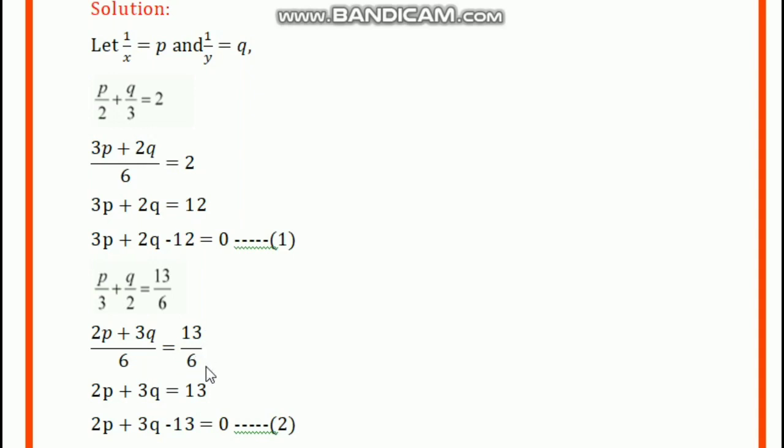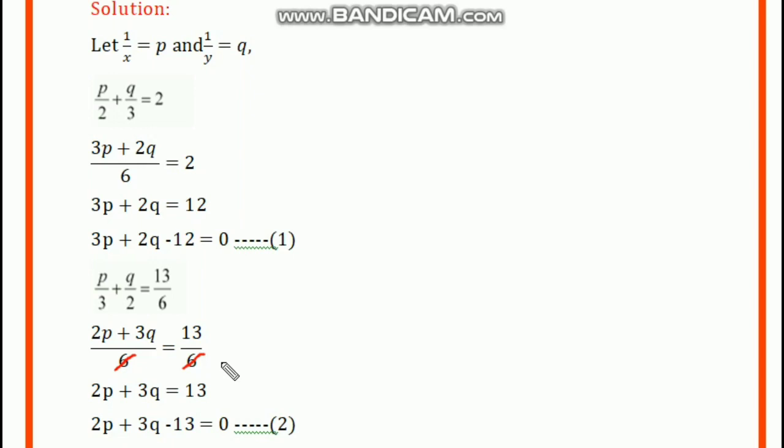Here also you can do cross multiplication, or else you can simplify these to 6. Because the denominators are the same, we can cancel them. If you transpose the 6 to the right hand side, you get 13 by 6 into 6, so there also the 6 will be cancelled.